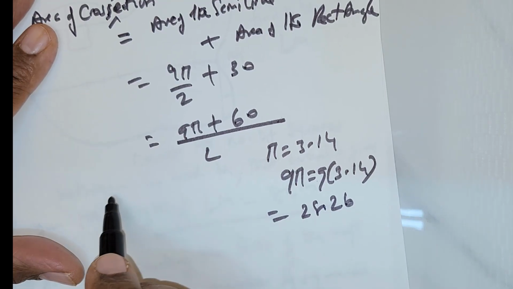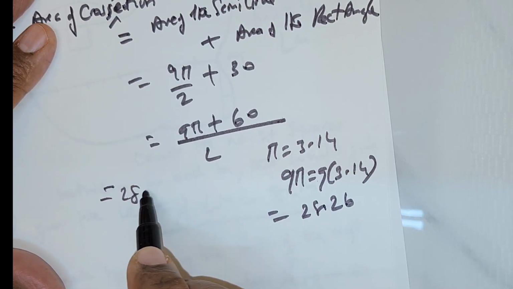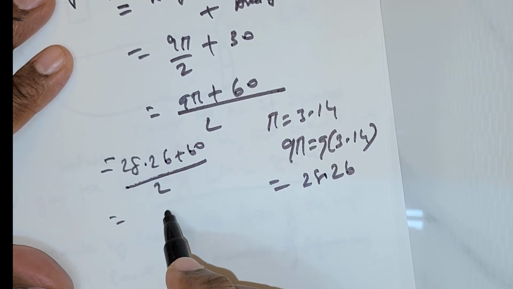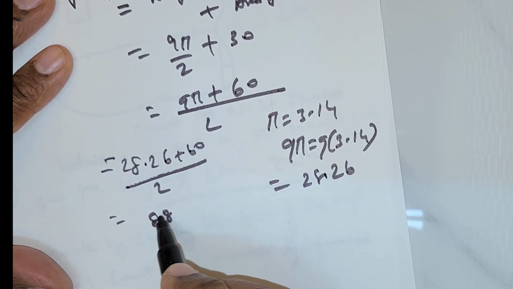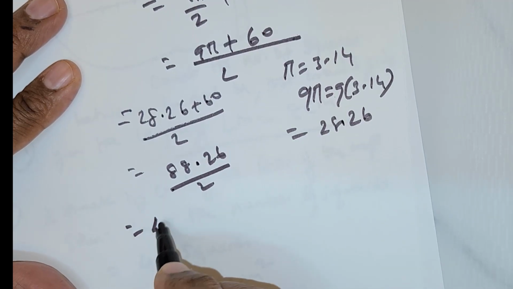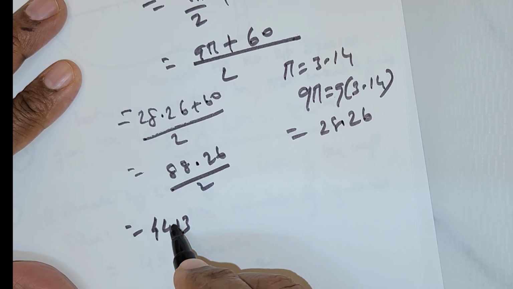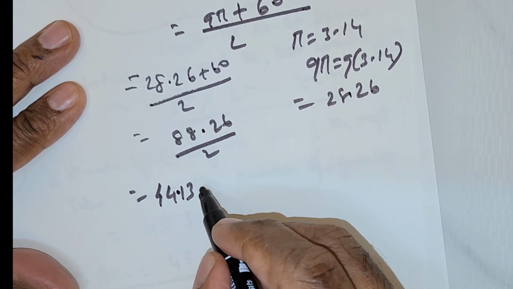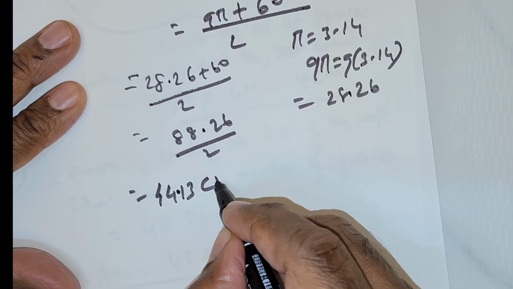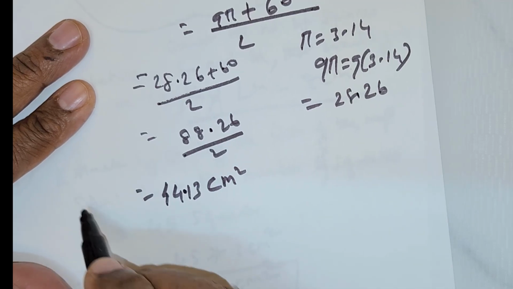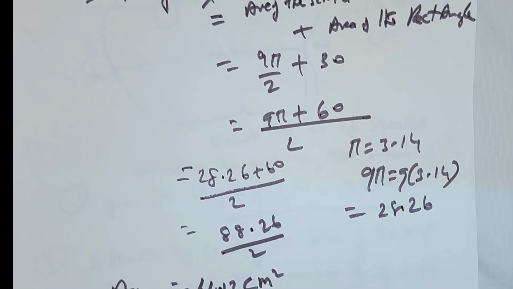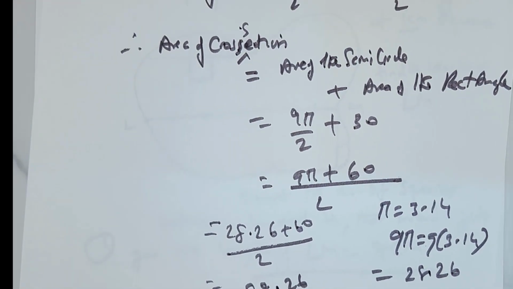So 28.26 plus 60, divided by 2. This is going to be 88.26 divided by 2, which is going to be 44.13 cm squared. This is the required area. Okay, so you can have a look at it.